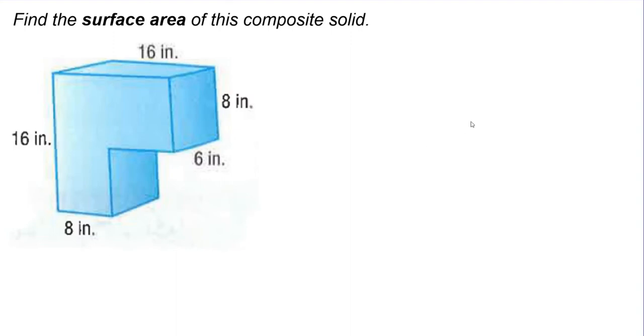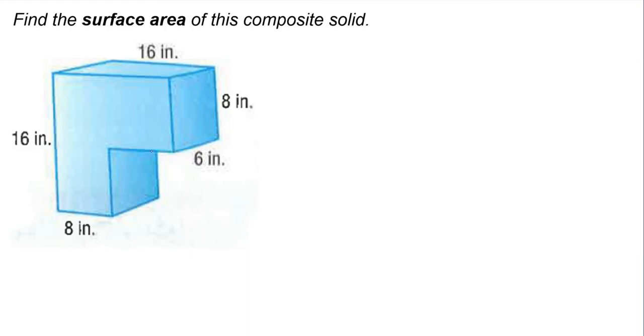So here is an example of a composite solid. Now this is not one of the basic solids that we've learned about, but it is made up of a couple of three-dimensional shapes that we are familiar with. Now there's a lot of ways to divide this shape up into basic solids, but I'm just going to pick one and roll with it, so just bear with me.